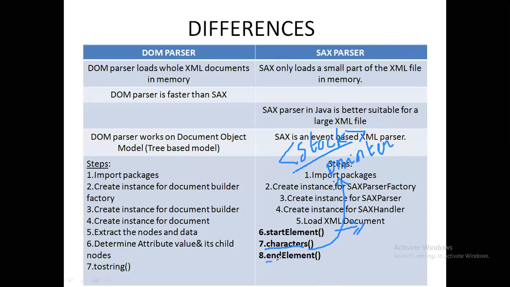With the help of end element, we can encounter the closing tag of the element. What about the closing tag of the element here? It is nothing but stock. So with the help of these events, we can extract the starting tag of the element, ending tag of the element, and actual data.